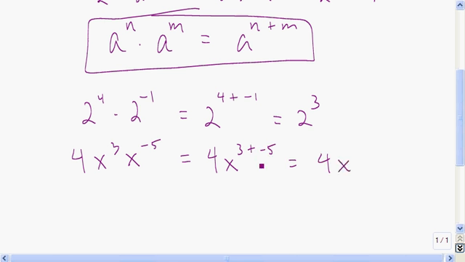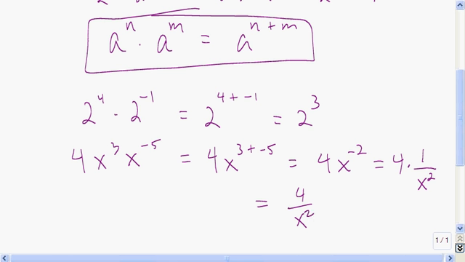Well, that's negative 2. And let's rewrite this without negative exponents. So this is 4 times x to the negative 2. That's 1 over x squared. 4 times 1 over x squared is equal to 4 over x squared.